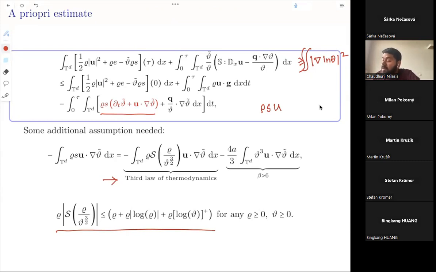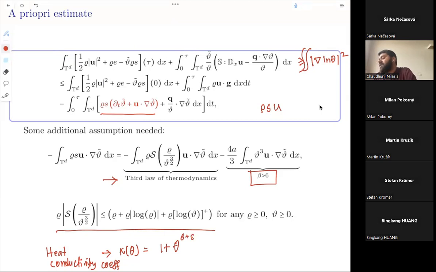And for this term, we need this extra hypothesis, which suggests that this k theta, if I just recall, is the heat conductivity coefficient, which is basically like 1 plus some theta power 6 plus epsilon, something like that.